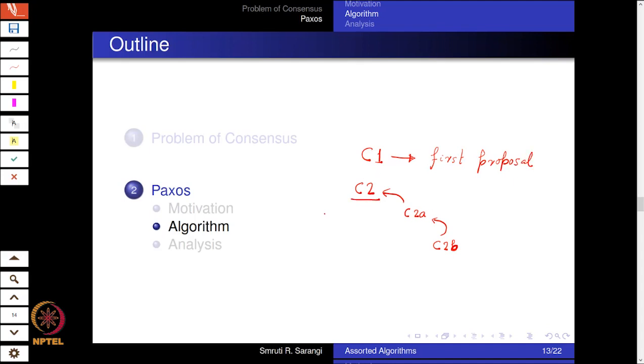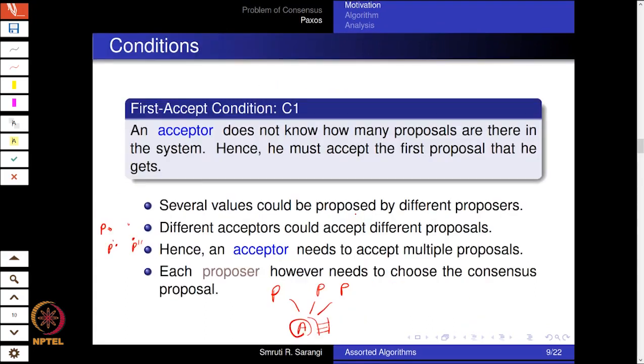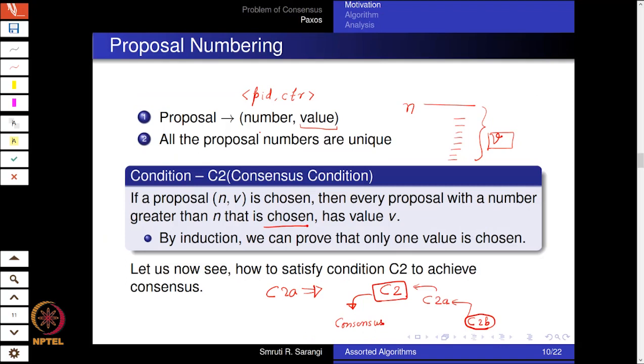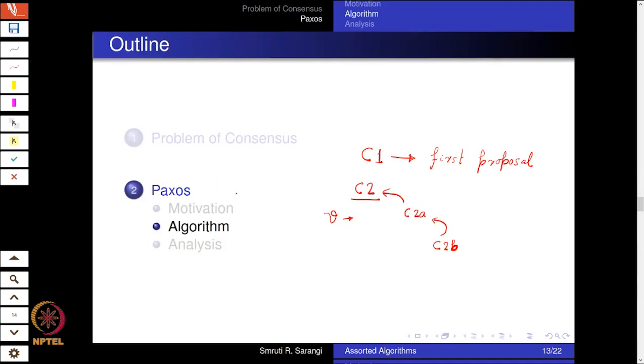Condition C2 was that a value V has been chosen. So condition C2 over here was that if a certain proposal NV is chosen, and in NV value V is chosen, then any higher number proposal, whose number is more than N, essentially has to choose value V, has to accept value V, has to propose value V, right?